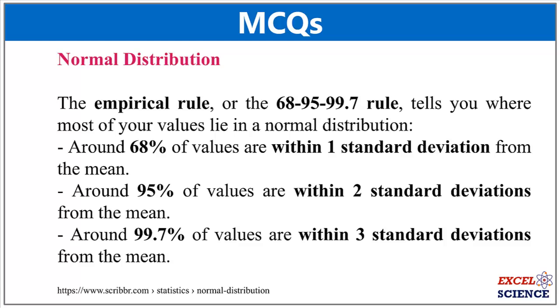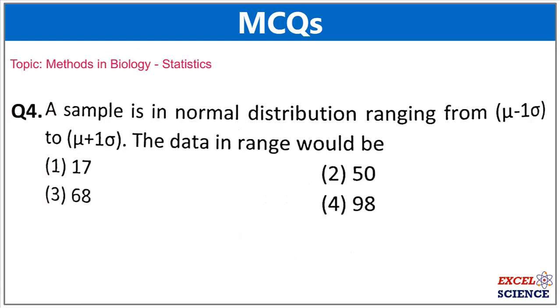Around 68% of values are within one standard deviation from the mean. Around 95% of the values are within two standard deviations from the mean. Around 99.7% of the values are within three standard deviations from the mean. So in this case, the answer would be answer 3, that is 68%.